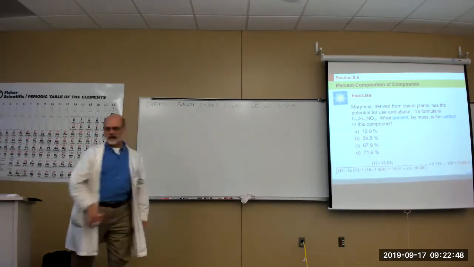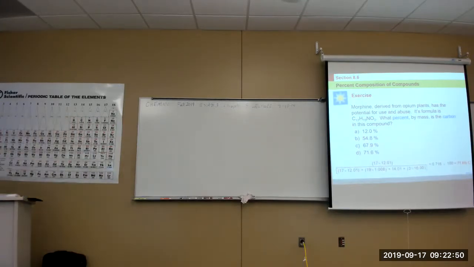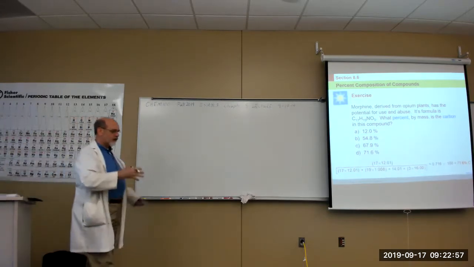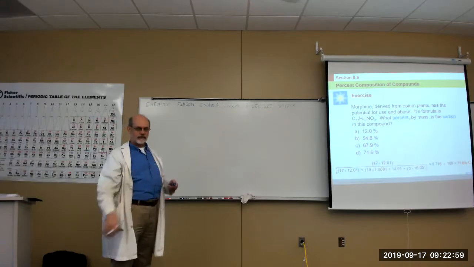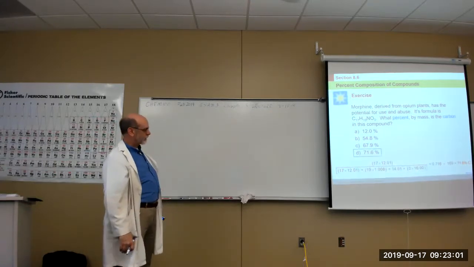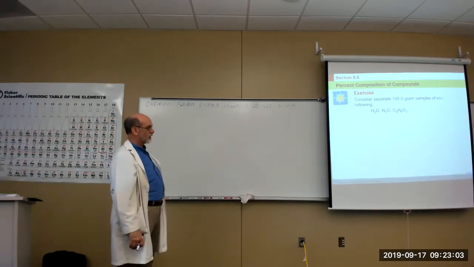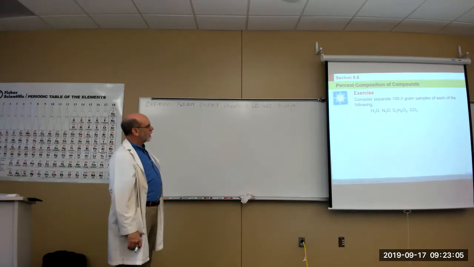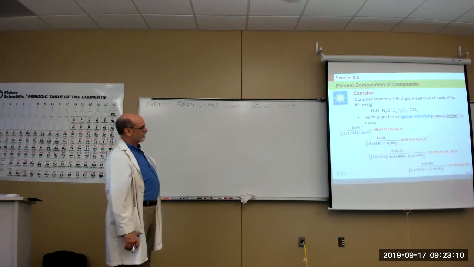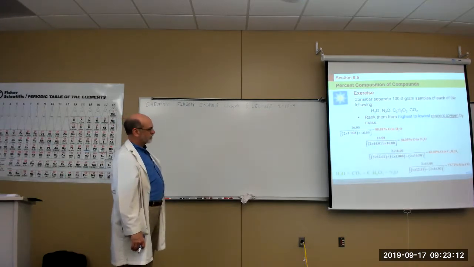The reason I'm not dwelling on this is I want to get to something more important: how to use the percent by mass to determine the formula for your compound. That's the more important goal here. We'll look at that one at your leisure.